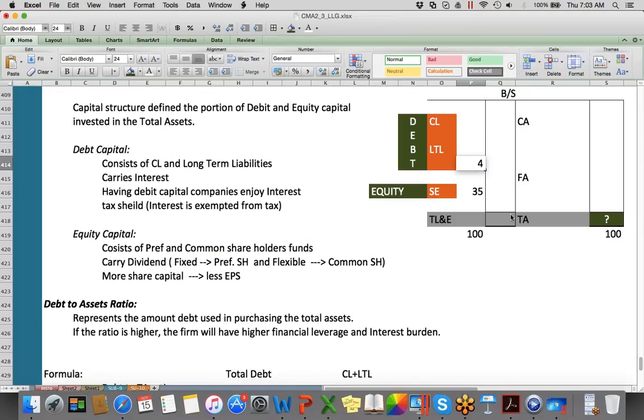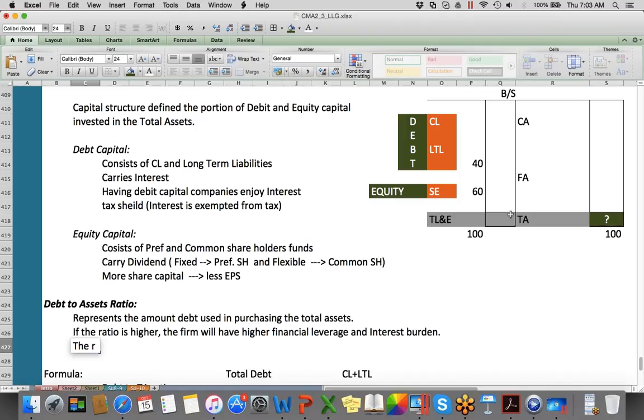The external debt holders will have control over your business. They may put restrictions on selling the goods, and on maintaining your inventory, receivables, etc. So it is better to have around 40 here and 60 here. So this ratio should be around 40 or less.